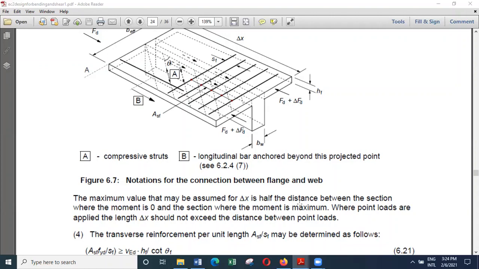So basically what you are saying is, when you have a bending moment, so if you have a simply supported case, bending moment diagram like this.